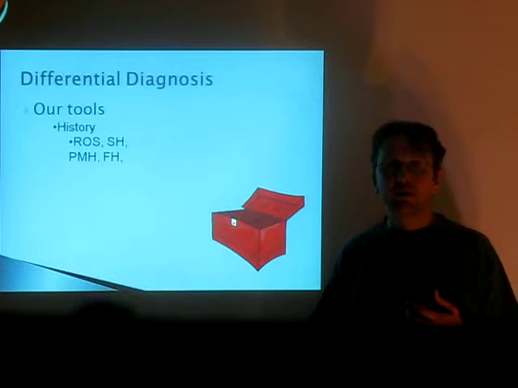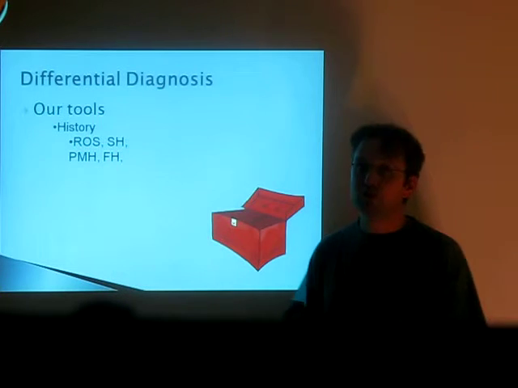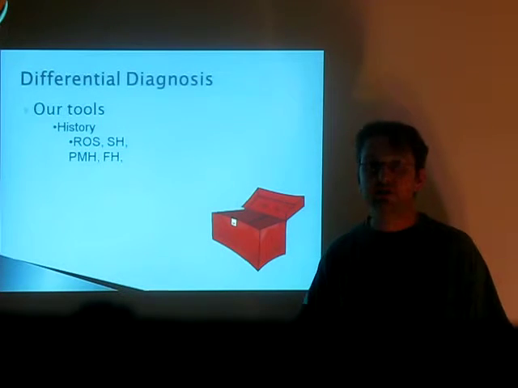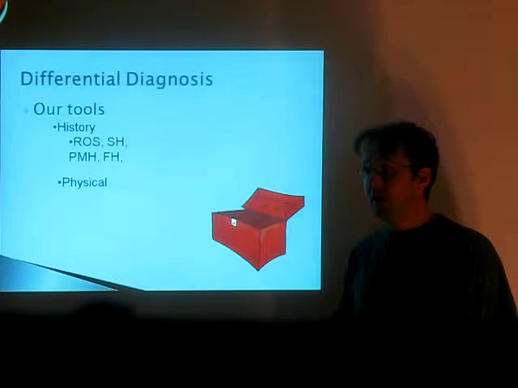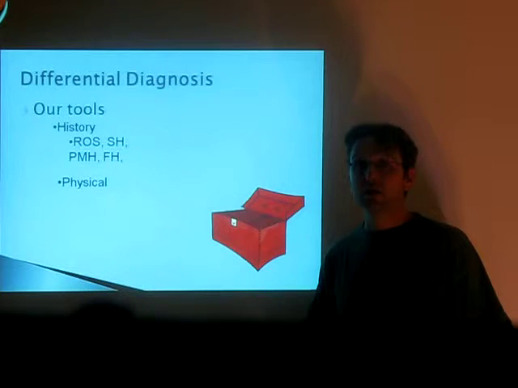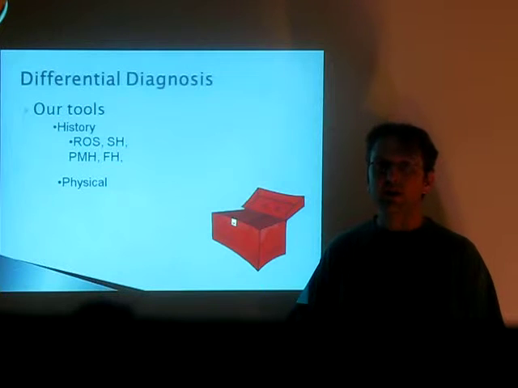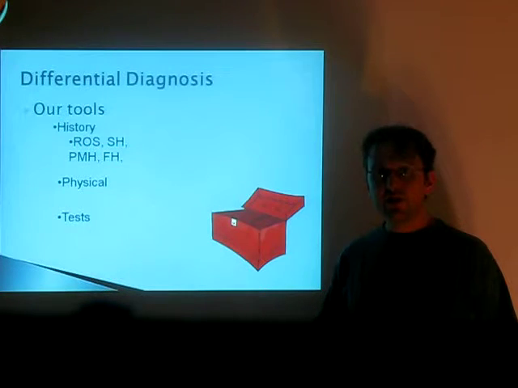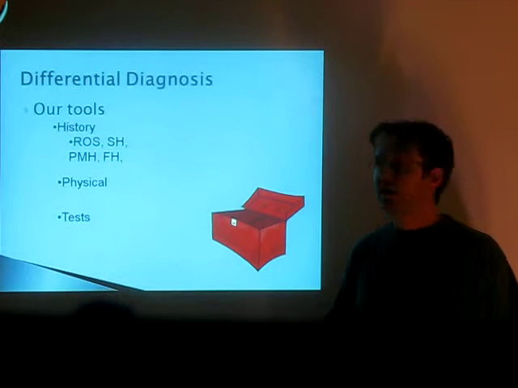But our tools are, first, the history, review of systems, social history, past medical history, family history, all include that. Things that we ask the patient. Second tool is physical exam. We look at a person and say, oh, there's an abscess. Done. Or, oh, looks like you have JVD. You probably have heart failure. And then the third thing is all the tests we do, the troponins and BMPs and chest x-rays and all that stuff.